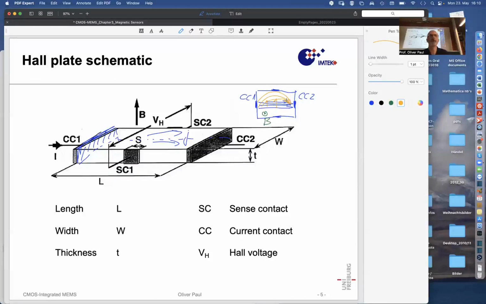The current spreads over the device as soon as it enters through contact one, and it tries to fill out the device in order to minimize the resistance that it experiences. And doing so, it intuitively solves Laplace's equation. That's an equation that needs to be fulfilled by any current density: the divergence of the current density is zero.